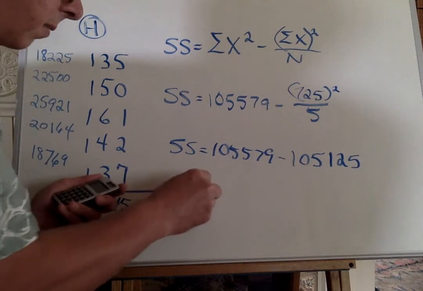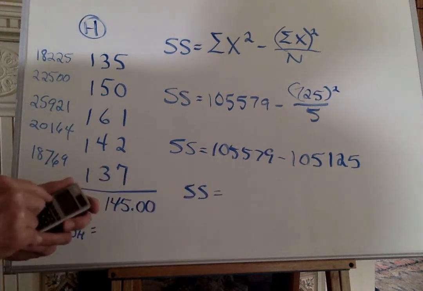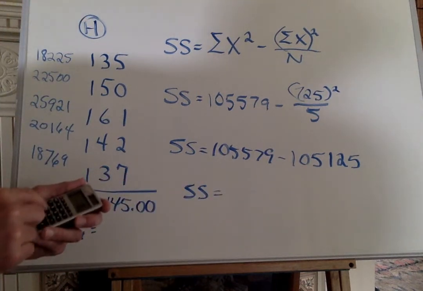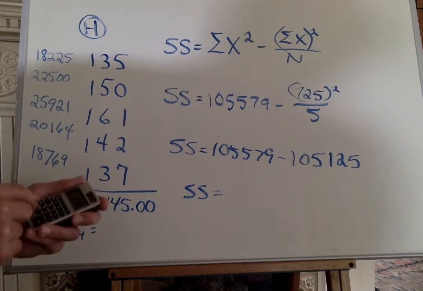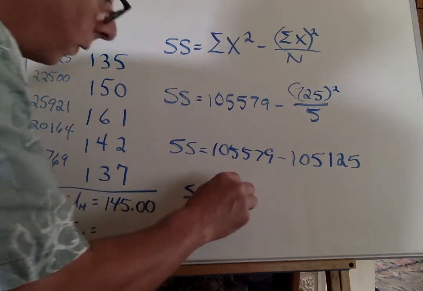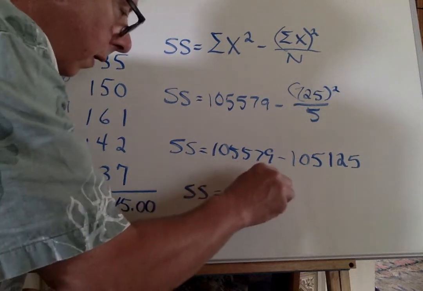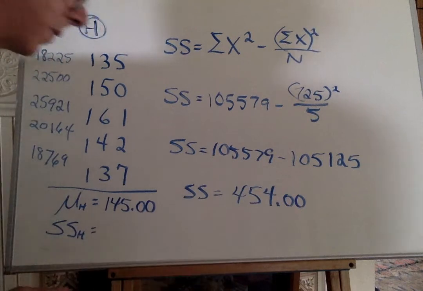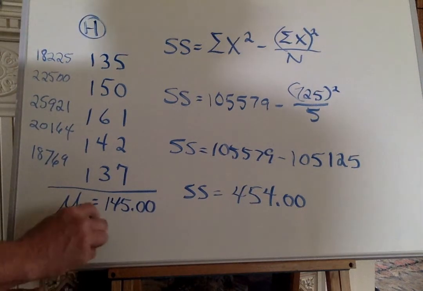Okay. My sum of squares then, 105,579 minus 105,125. 454. I'm going to put my zeros in there for my final answer. Okay. 454.00.